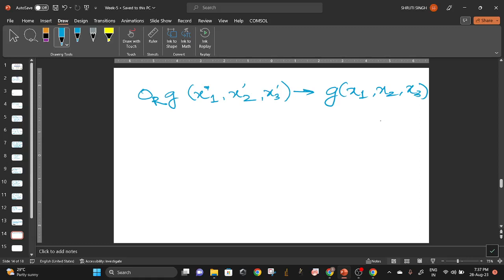Now suppose this g is a combination of a scalar a times any other function f.